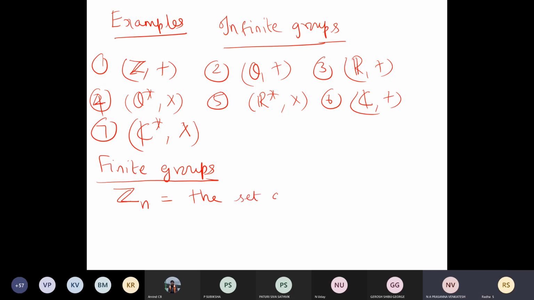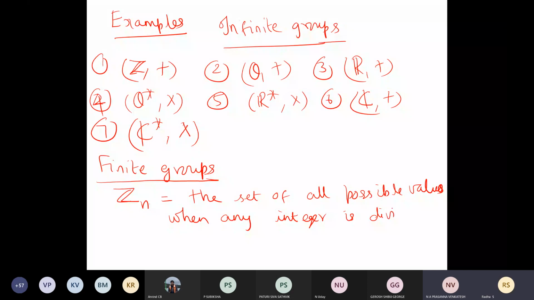So Zn is the set of all possible values, that is, possible remainders, when any positive integer is divided by n.